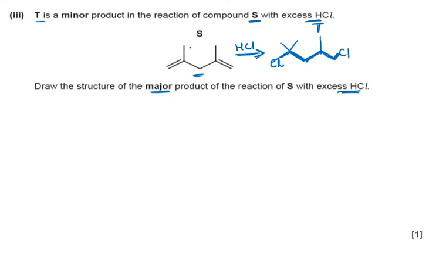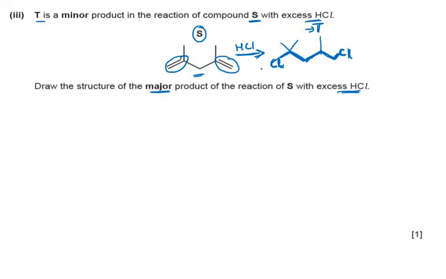Now we can see that the difference between S and T is that there is only the chlorine added here. A chlorine atom is added on the double bond of compound S. So that shows that the alkene is reacting to form the halogenoalkane.